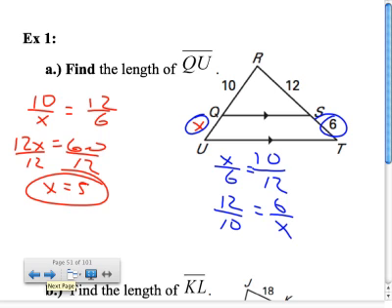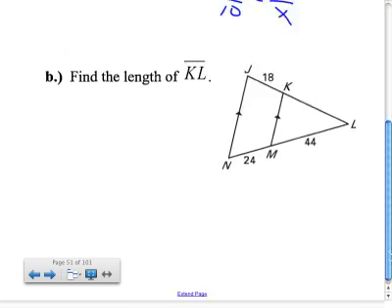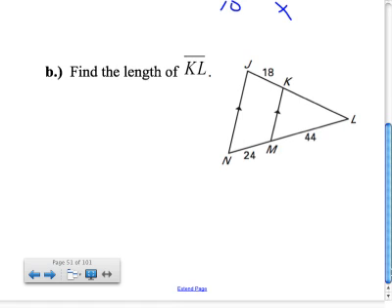So that's why I say just be consistent. It doesn't matter how you set it up. Just make sure you are consistent throughout the problem. It says find the length of KL. Again, I don't know KL, so let's call it X. Let's set this one up differently. We're going to say X over 44 equals 18 over 24. If you want, you can reduce the right-hand side first to get nicer numbers to work with.